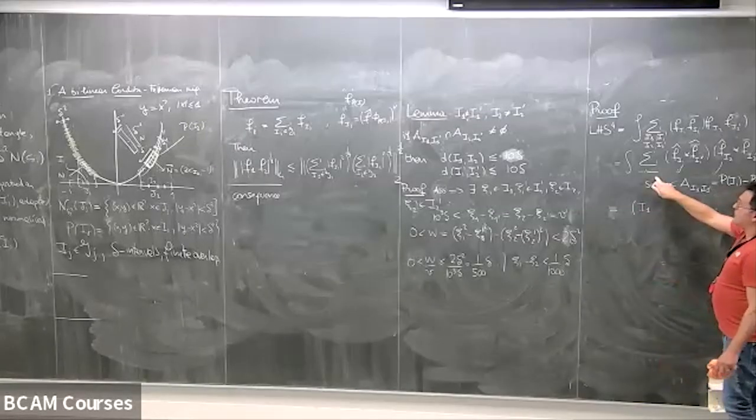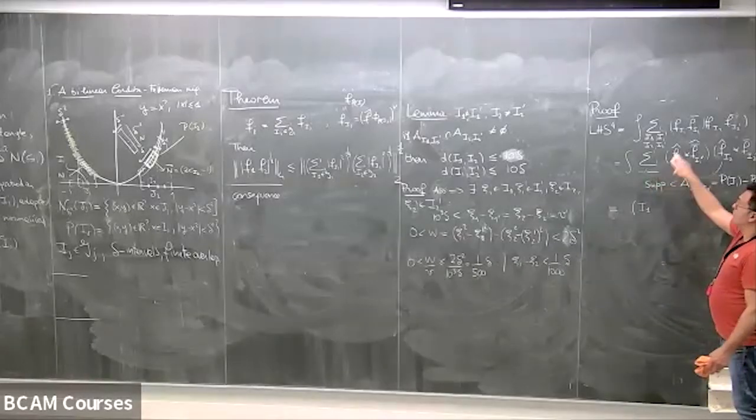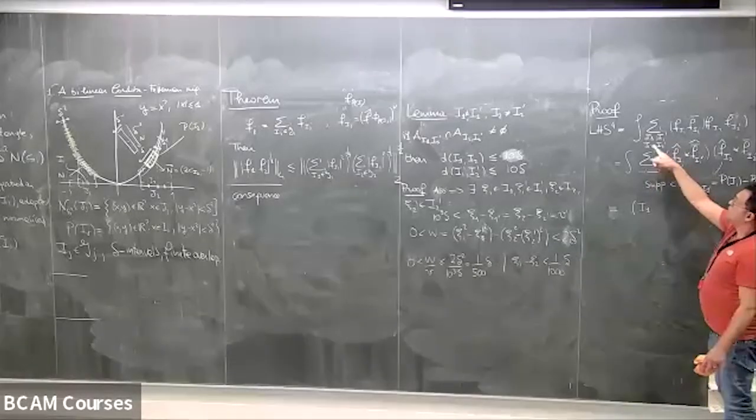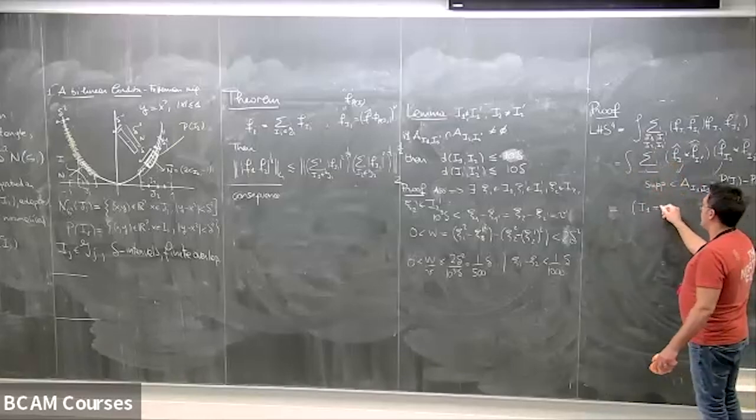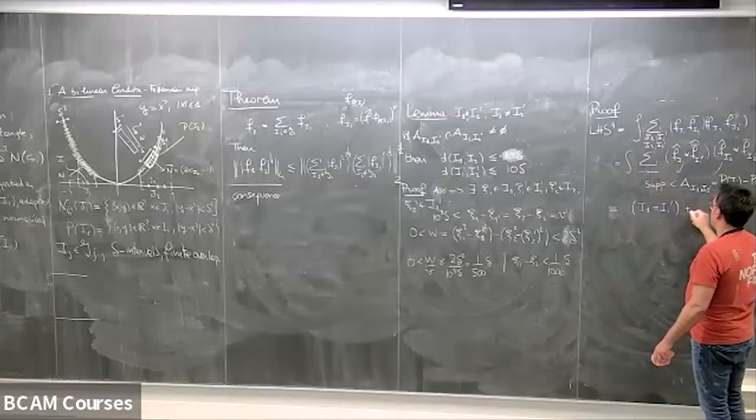So in this sum, I have three types of summands: those where that assumption is satisfied, and then I also have the case where I1 is equal to I1 prime, plus the case where I2 is equal to I2 prime.